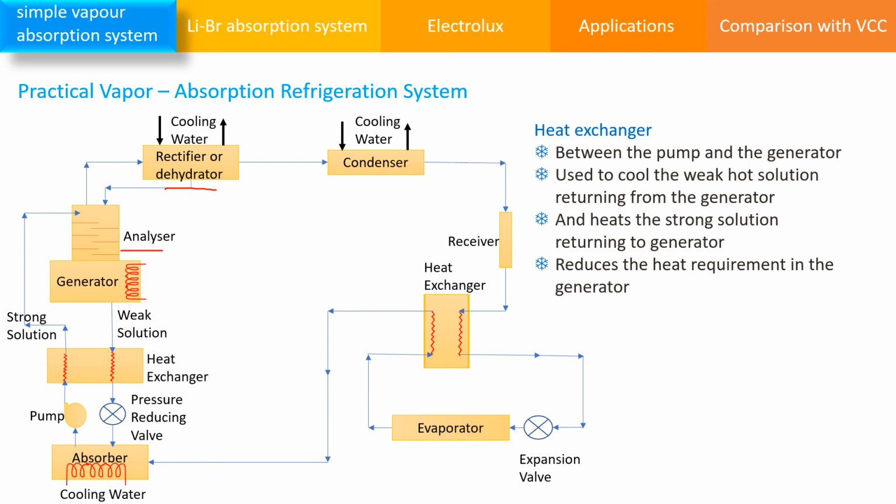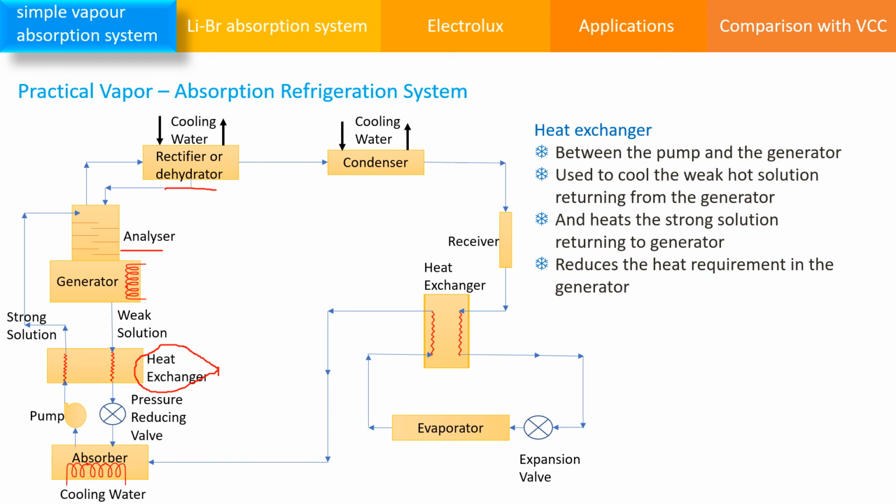It is used between the pump and the generator as seen here. This is what we are talking about, this heat exchanger. It contains two lines. One is the weak solution which is leaving the generator and going towards the pressure reducing valve, and the other one is the pumped strong solution which is going to the analyzer.